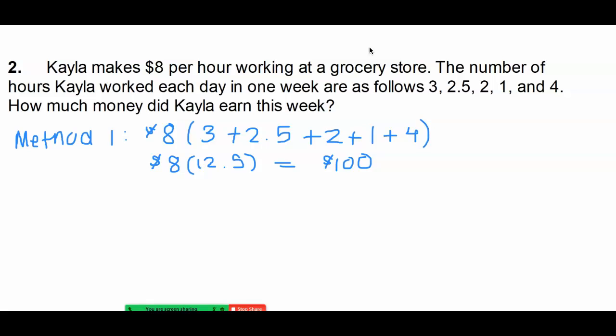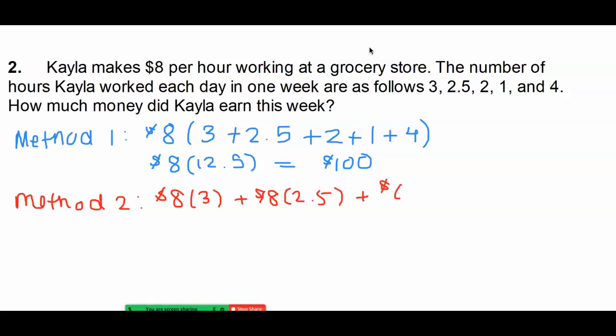And method 2 says you take her hourly rate times the number of hours worked each day, and get her weekly pay.